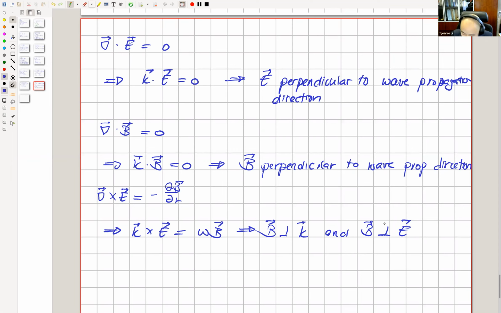I have a system where k, my wave vector, and then an electric field and a magnetic field that are transverse with respect to k, with respect to the wave propagation direction, but E and B are themselves perpendicular with respect to each other.